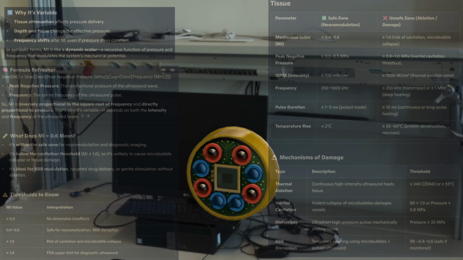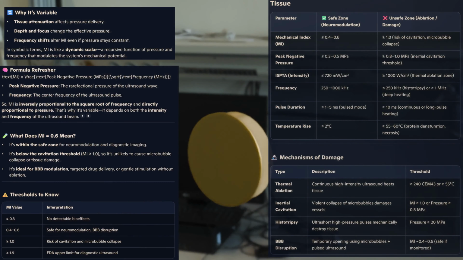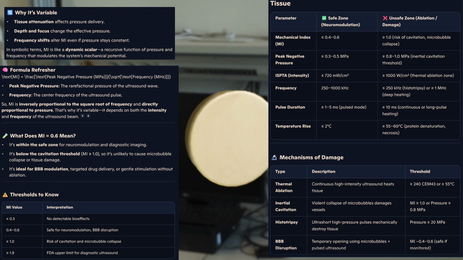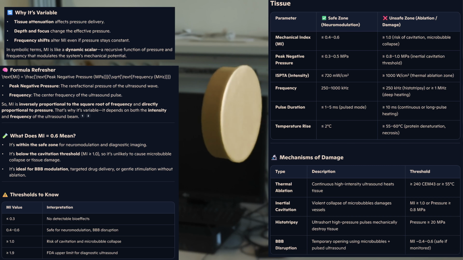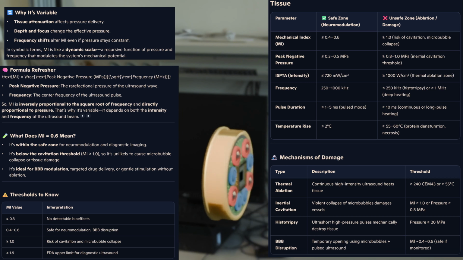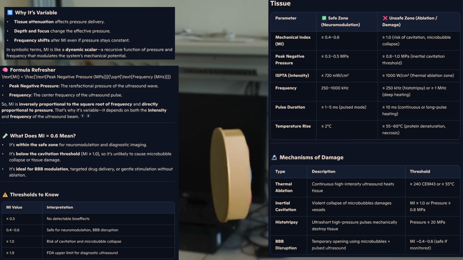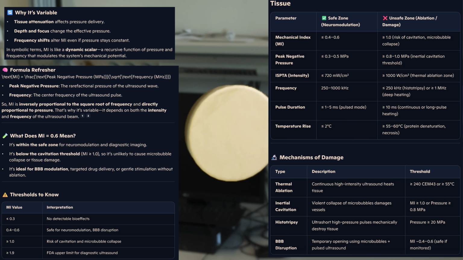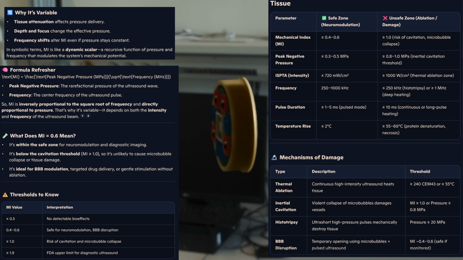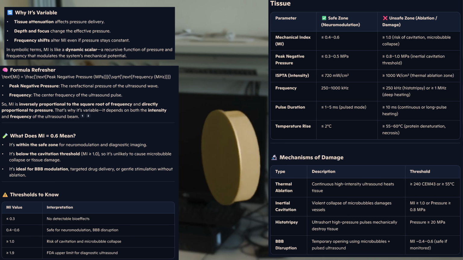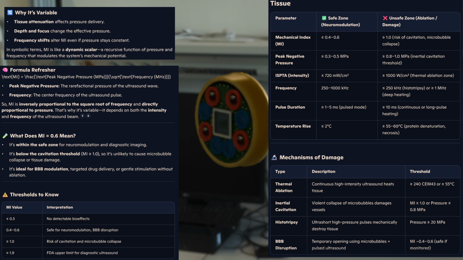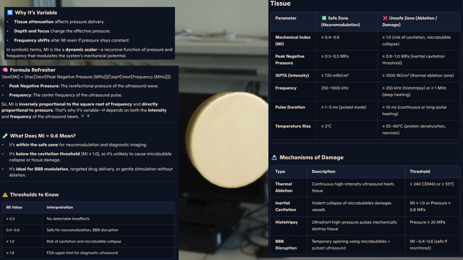Its mechanical index, a measure of the likelihood of ultrasound-induced cavitation or bubble collapse in the tissue. Its safety range is greater than 0.6. Its ISPTA, spatial peak temporal average intensity, the average power of ultrasound over time and space used to assess thermal risk, is greater than 720 milliwatts per centimeter squared.